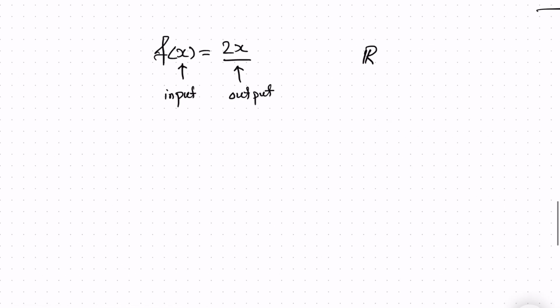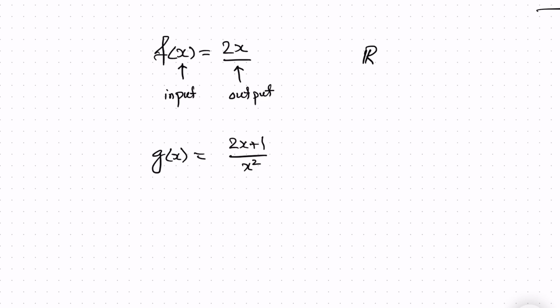Okay. Assume that we have another function g of x, which is equal to 2x plus 1 divided by x squared. And now we see that we can plug in all the numbers except 0.